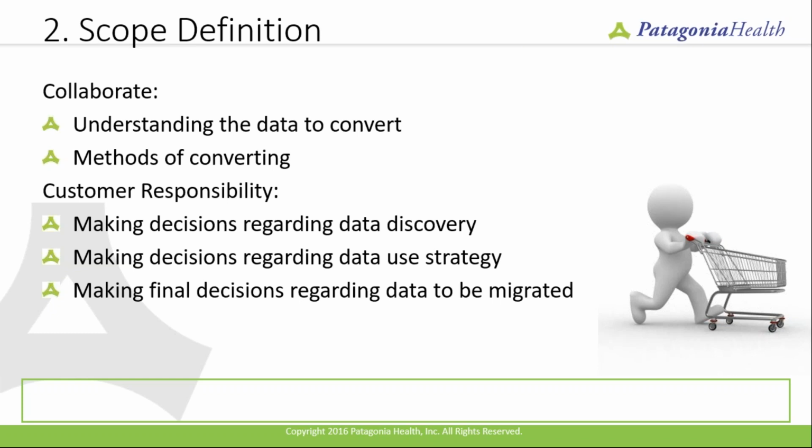It's also important to consider data migration strategy as well. If you're migrating patient demographics, then your strategy might just be to migrate as much good data as possible. But you may also have 25 years of data and 800,000 patient records in your current system. So do you want all of those records? Do you really need all of those records? This is your choice.